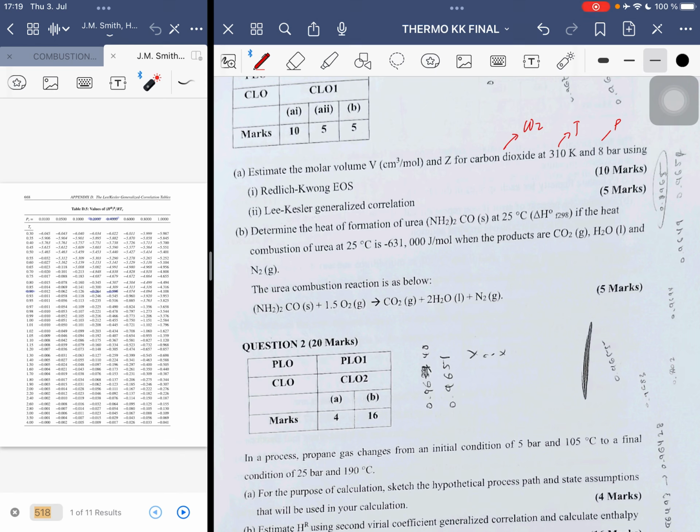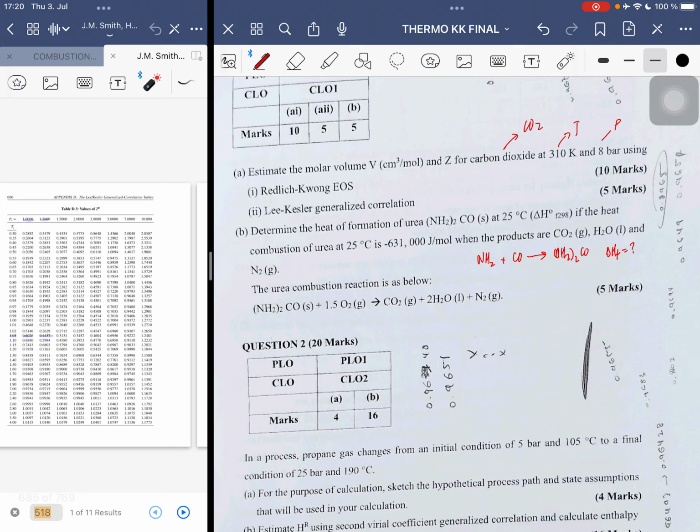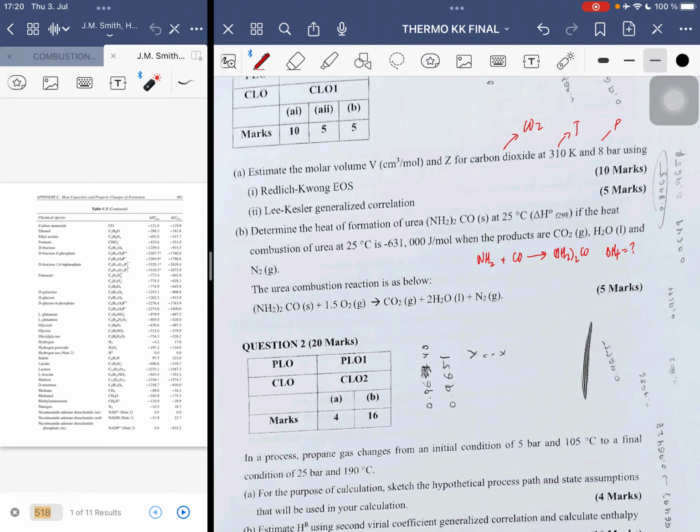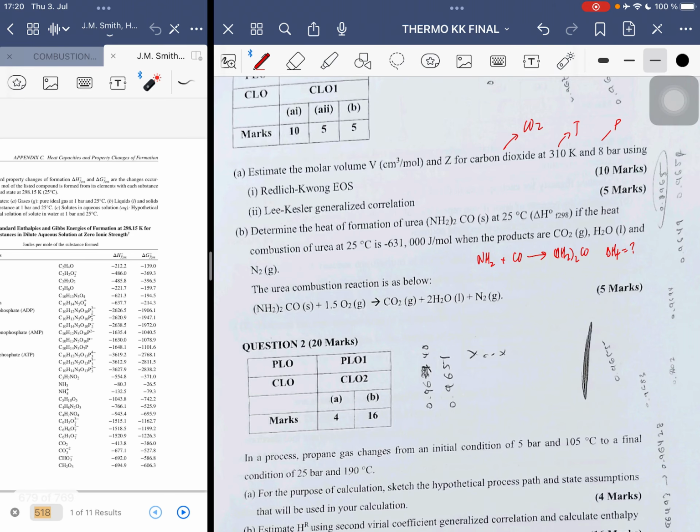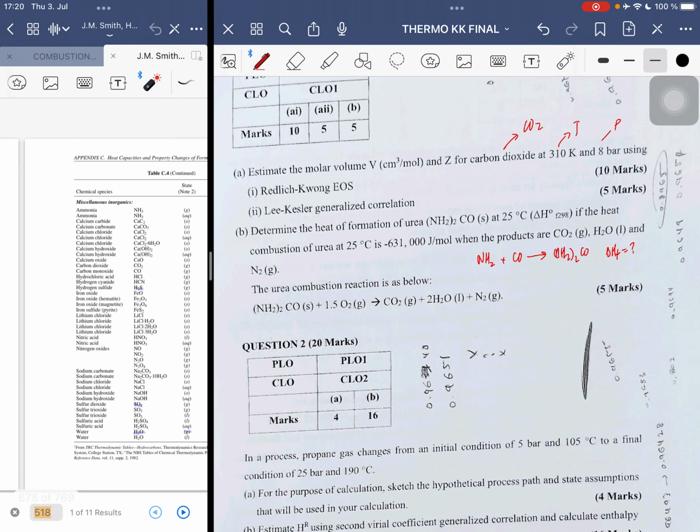Sorry for the confusion. They want NH2 plus CO. I don't really know the exact formation equation for urea, but let's say this is it. I won't balance it. They want the heat of formation of this, but we don't know it because it's not in the table. There's no urea in here.